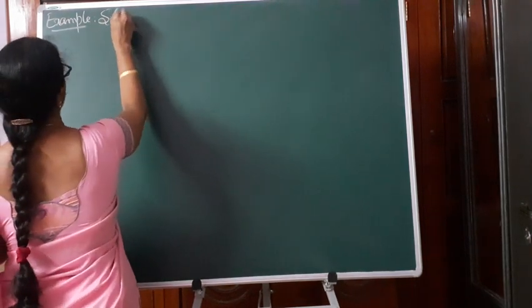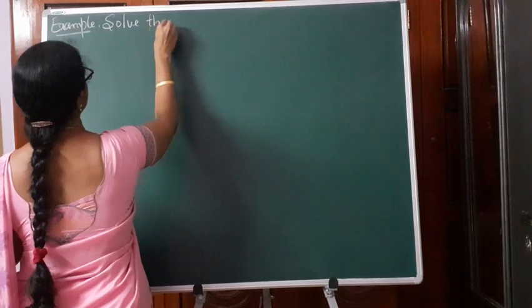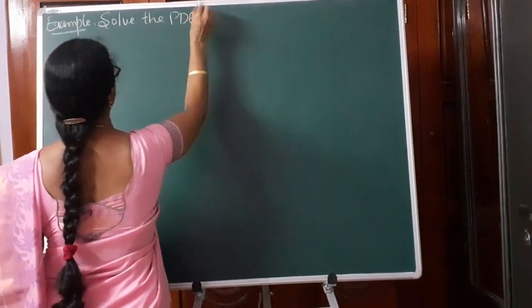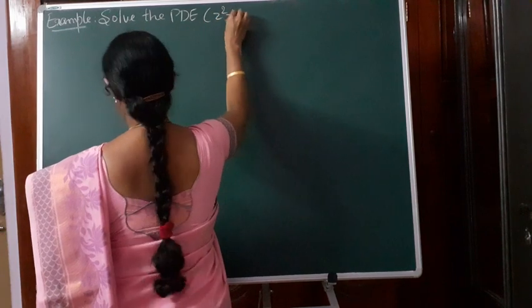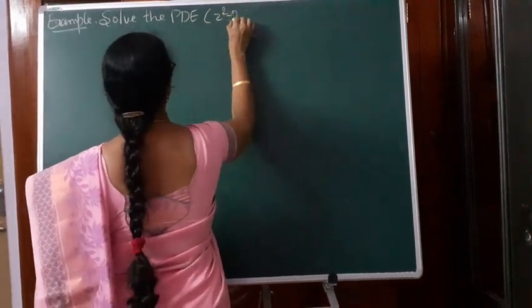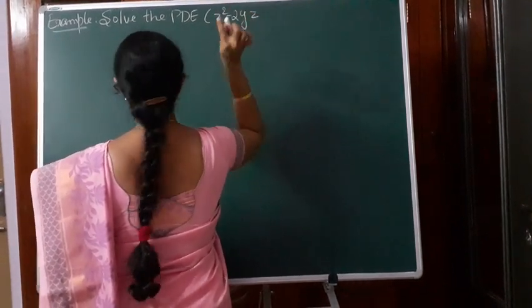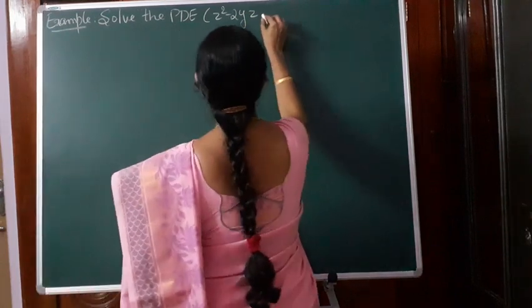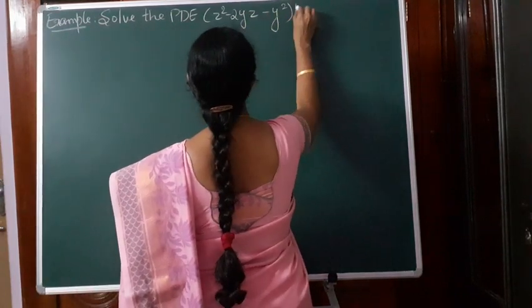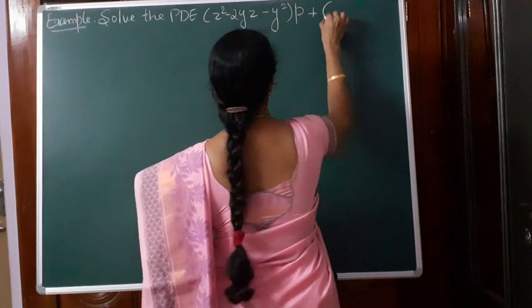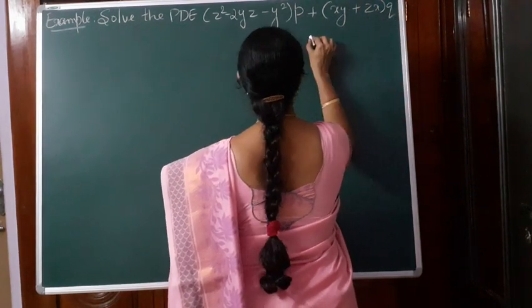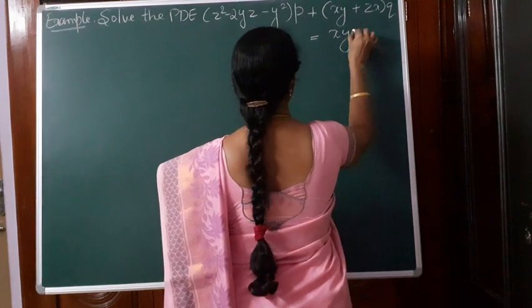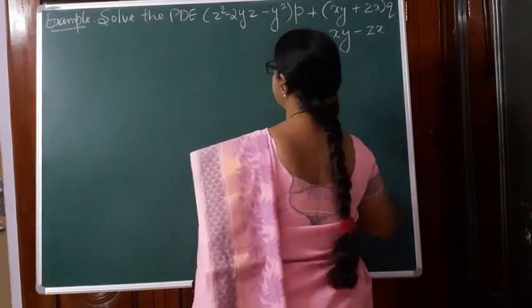So this is: solve the PDE, partial differential equation, (z square minus 2yz minus y square) p plus (xy plus zx) q is equal to xy minus zx.